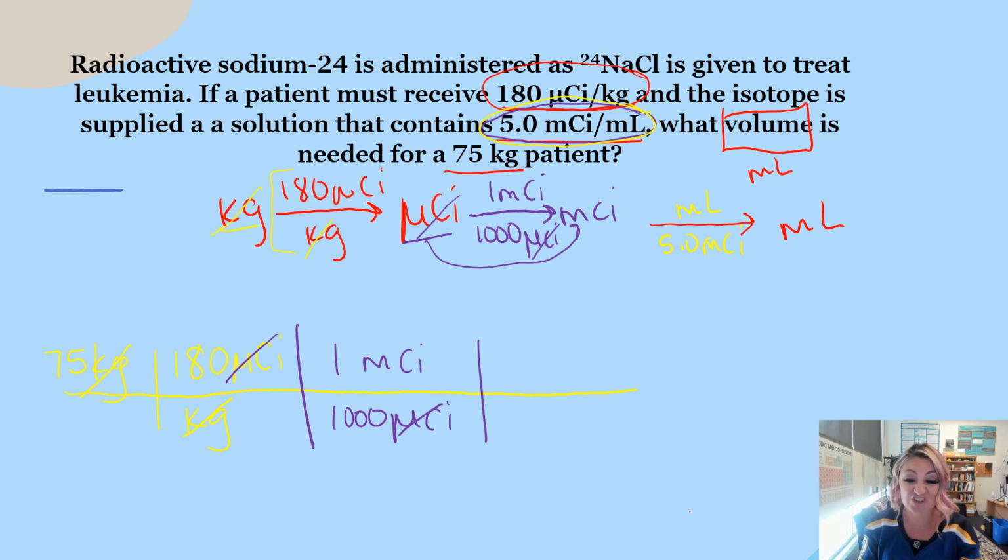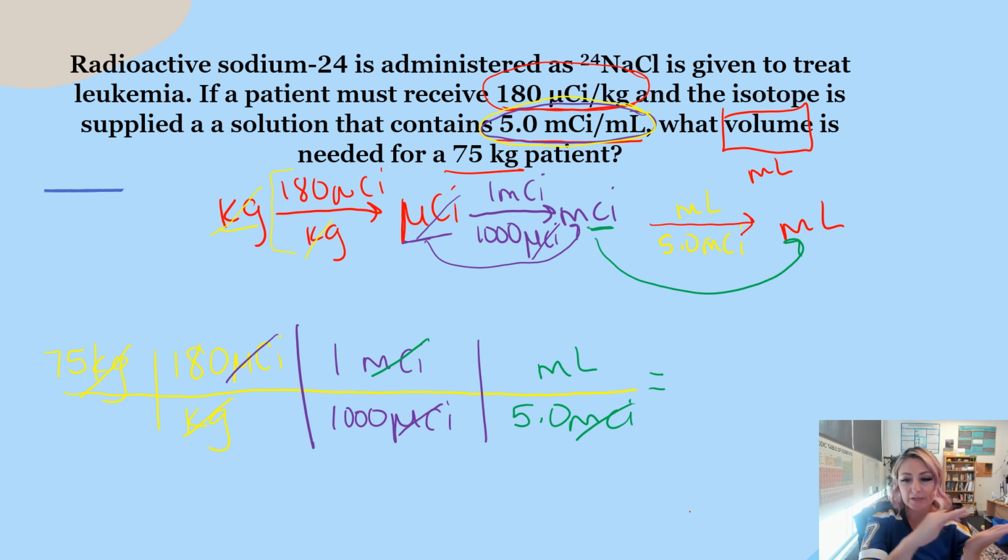It's just a conversion factor within the metric system. I'm now here, and I'm ready for my last conversion, which is going to use that prescription amount, that 5.0 millicuries per milliliter. So I'm going to put the millicuries on the bottom to cancel, and that should leave me with milliliters, which is what I was asked for.